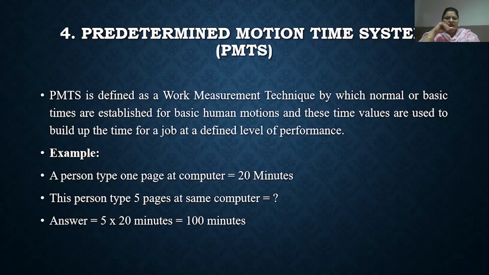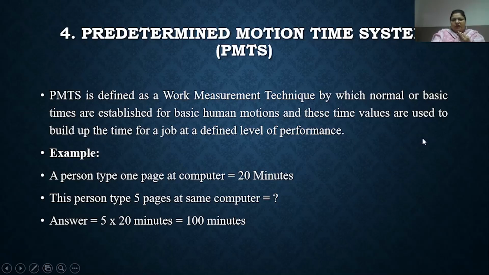What is meant by this? It means we use techniques in which normal or basic times are established for basic human motions. Through human or working motions, we can establish a standard or normal time for workers.